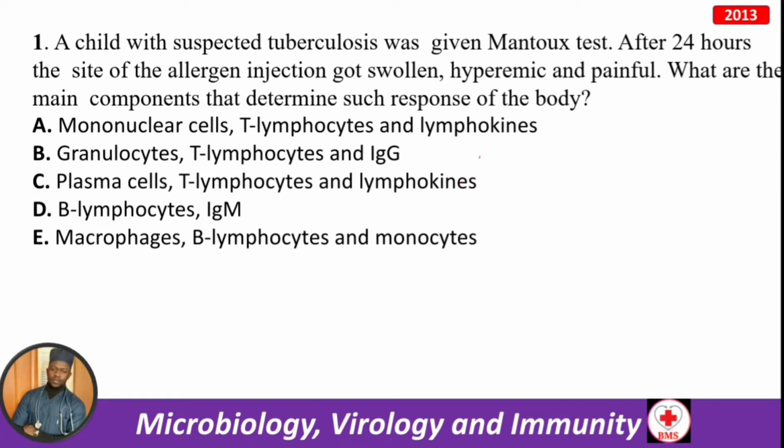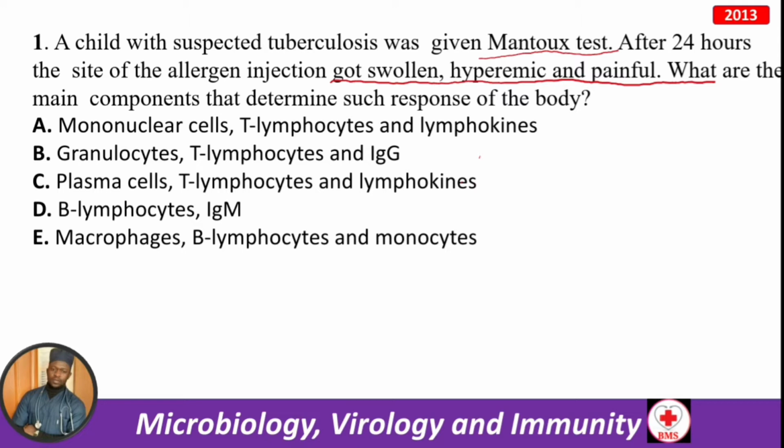Right, so the Mantoux test, we know that this one is for TB. And you can see the reaction. This is basically a cell mediated immunity. You can see here the cells which belong to this kind of immunity are mononuclear cells like monocytes and T lymphocytes, including T helper cells and T killer cells.